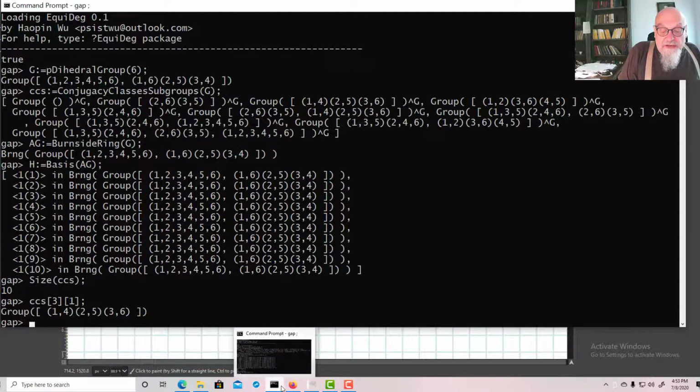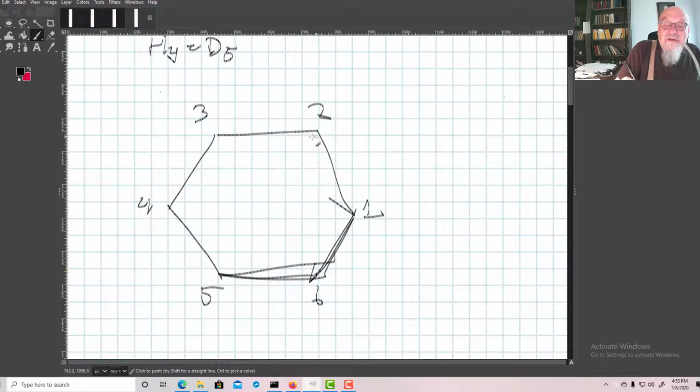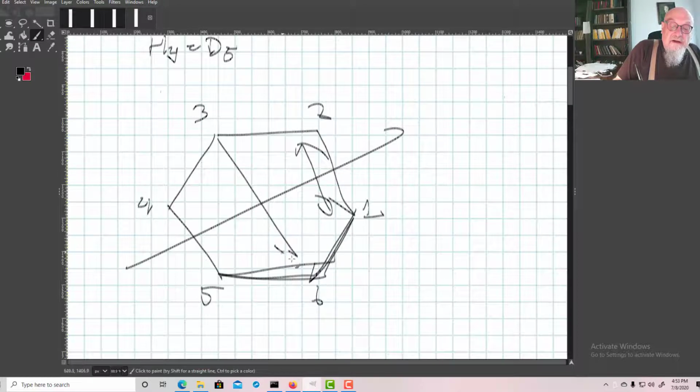What kind of transformation is it? Is this a rotation or reflection? Is this a rotation? So this goes from here to here, here to here, here to here.